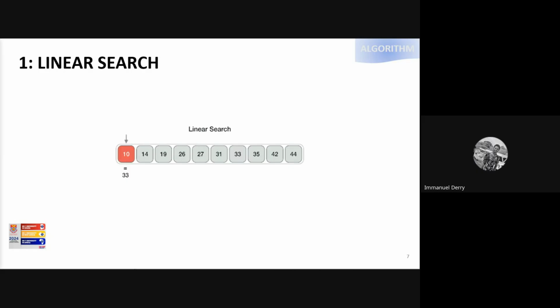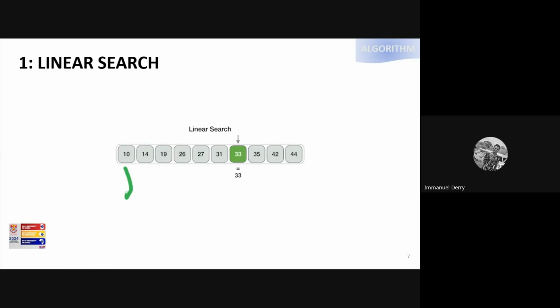Oh, okay. Yeah, so as you can see on the screen, this is how the problem can be solved. And as Richard said, we have to look through the list. And then at each index, we compare the value that is available to the item that we are searching for. So we start from 10 over here. Then we compare 10 to the value that we are looking for, 33.